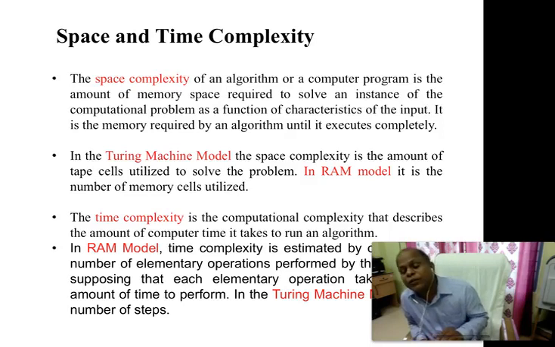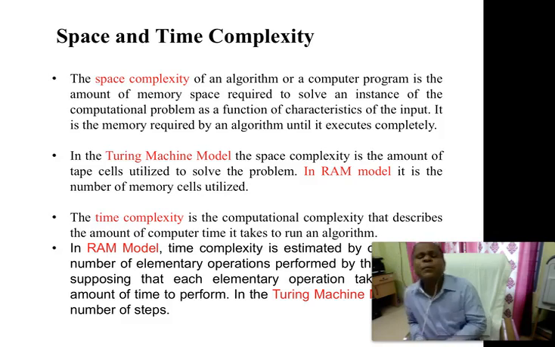Hence, in the Turing machine model, the tape cells utilized are considered the space complexity, whereas in the RAM model, it is the number of memory cells used.